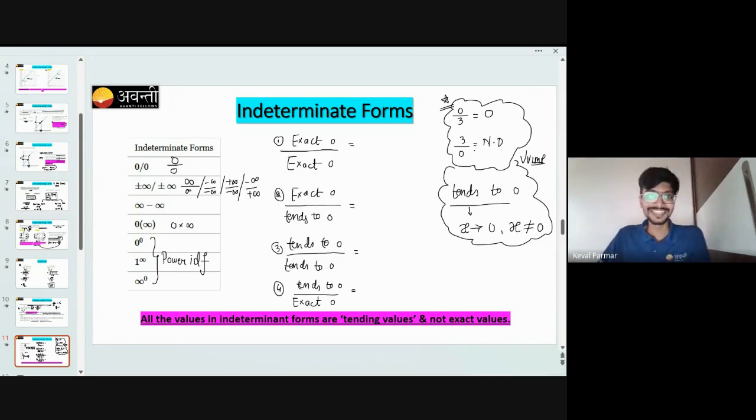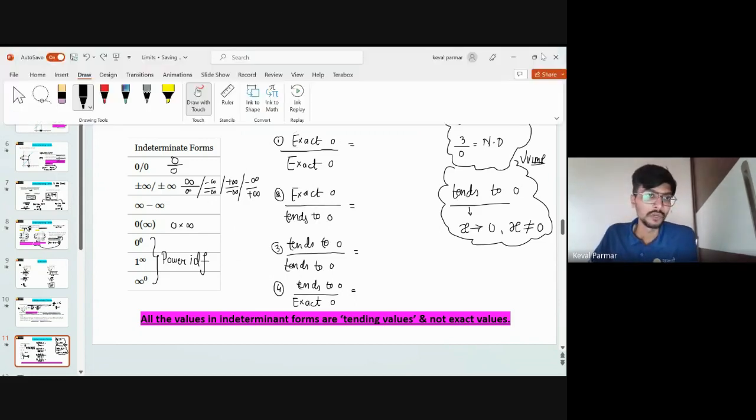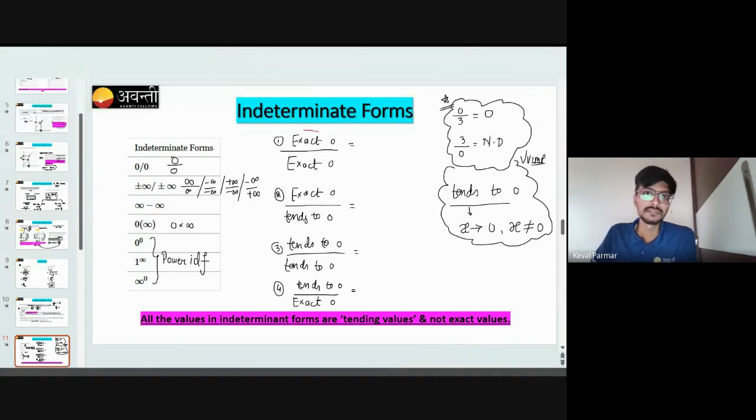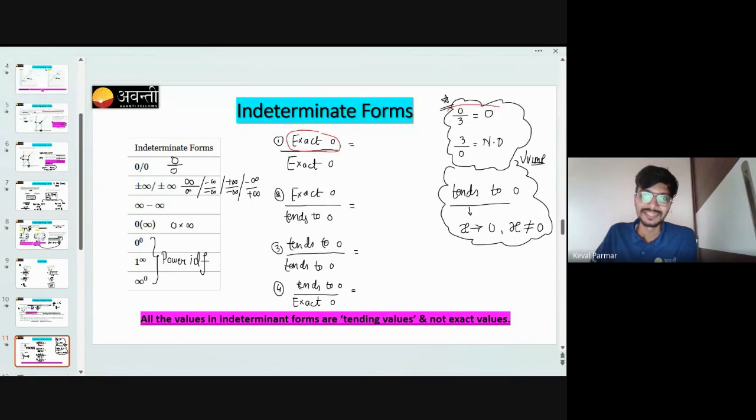So I hope you didn't get the answer for any of these. This is your first time, obviously. When it was my first time, I also couldn't get any of the answers. But let me tell you now what the answers are. Exact 0 upon exact 0. In this case, I am not worried about the numerator zero, because if the numerator is zero, then it is zero.